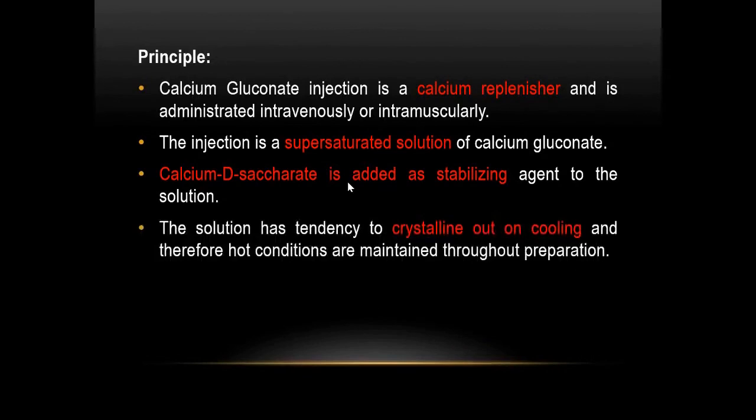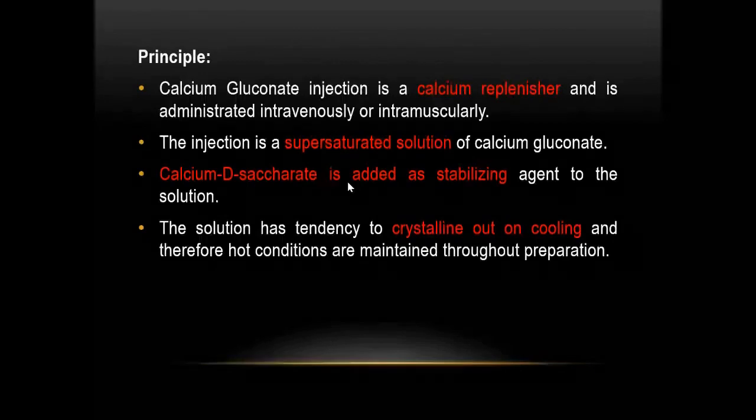Then the solution has a tendency to crystallize out on cooling. As this is a supersaturated solution, once you cool it or if you keep it in a refrigerator, it may start crystallizing. At the cool condition, the ions start crystallizing, and even if there is a presence of minute nuclei or minute particles in your solution, this particle will work as a nuclei and it will help in the formation of crystals.